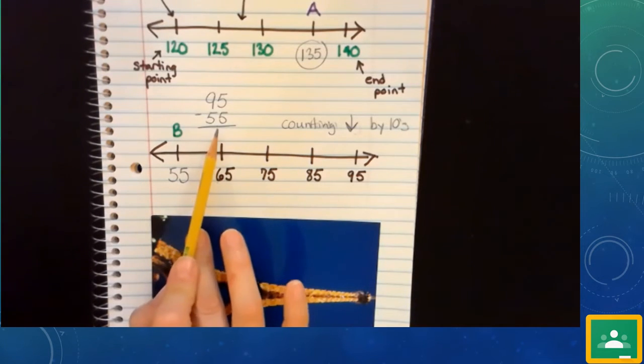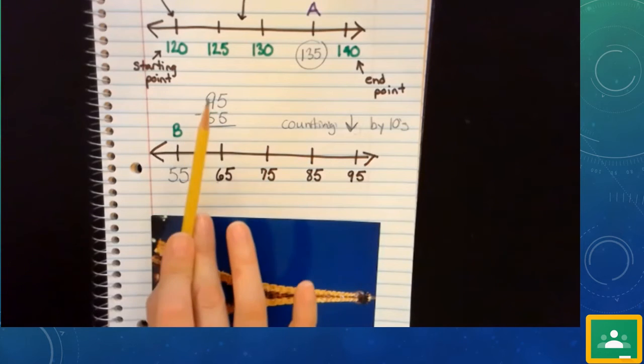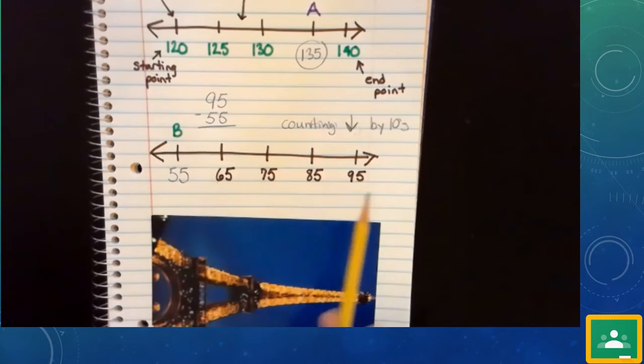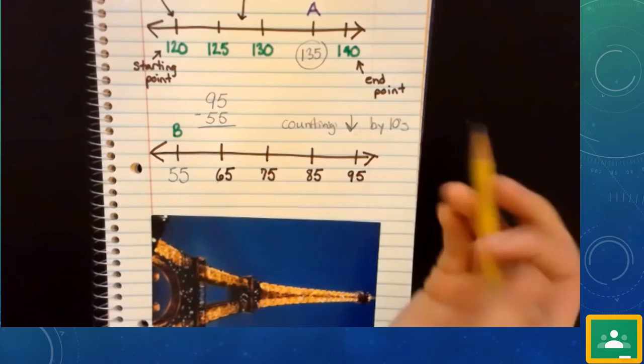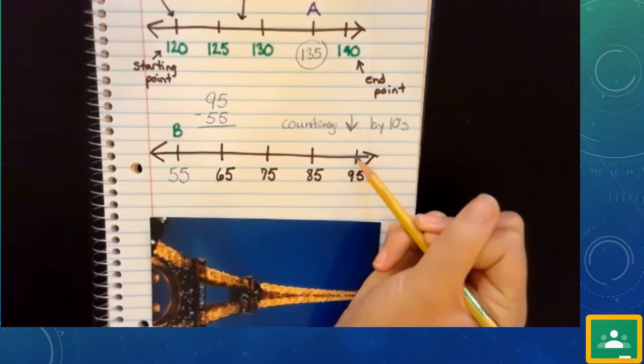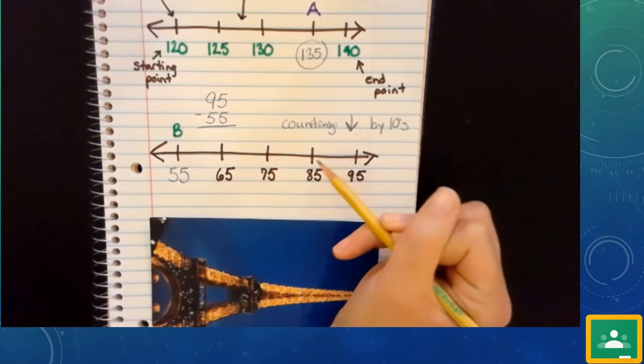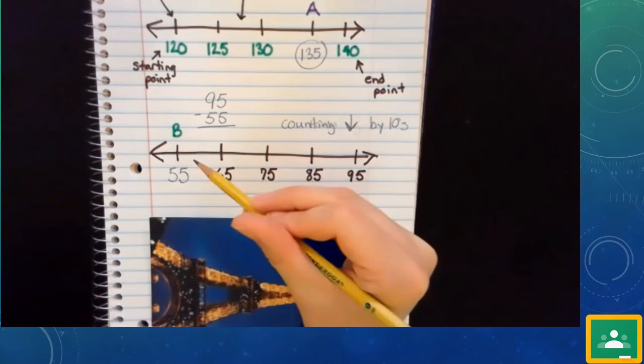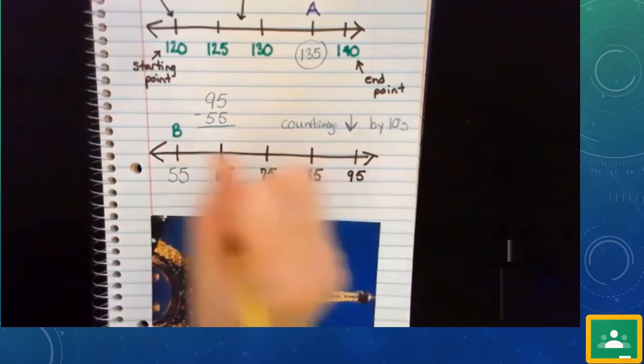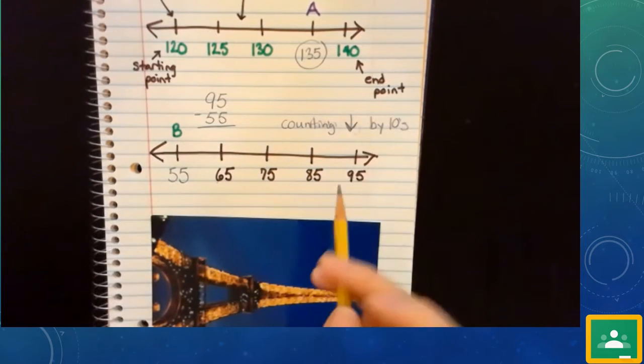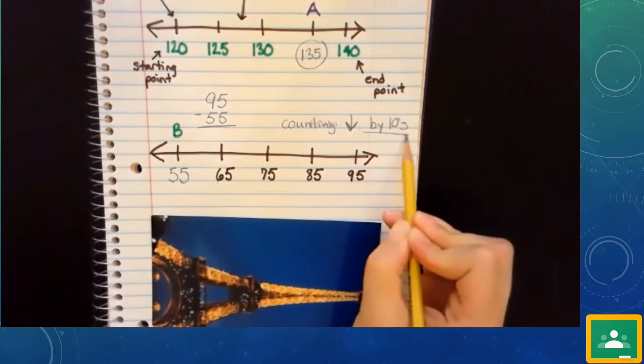Instead of just doing vertical form and subtracting my fives and subtracting my tens, I could look at my number line, start at 95, and count how many units it took to get to 55. Because remember, on this number line, the units are counting by tens, okay?